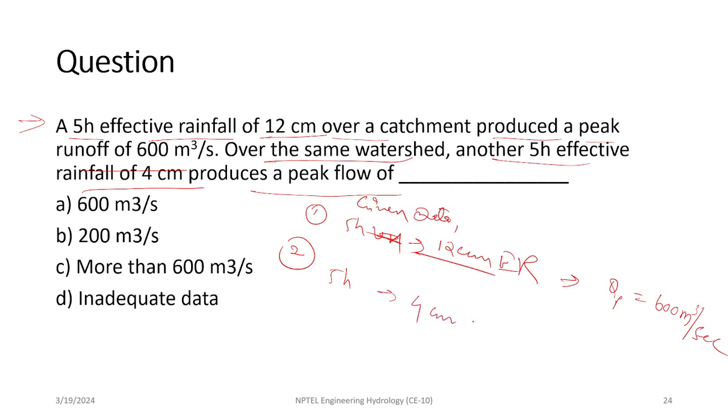Here it is 4 centimeter effective rainfall. Now it is asking about QP again. We want to compute QP. Any idea?